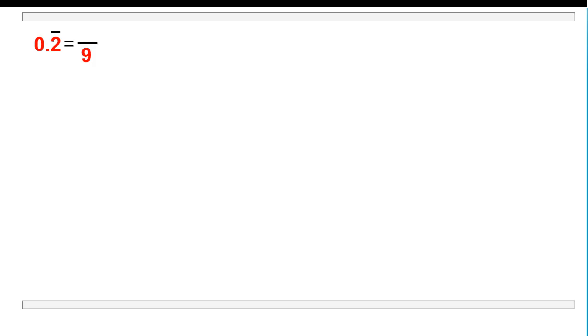In this case, 0.2 becomes 2 over 9. 0.3 is 3 over 9, which can be simplified and should be simplified to 1 over 3. 0.7 is obviously 7 over 9.